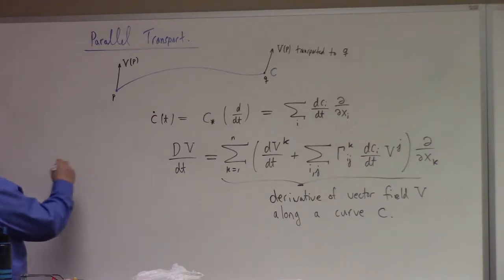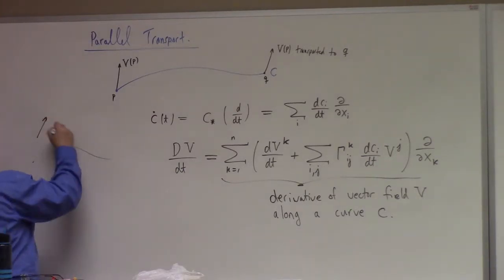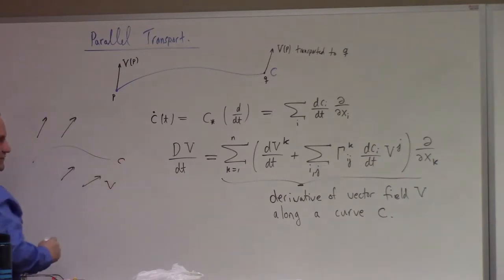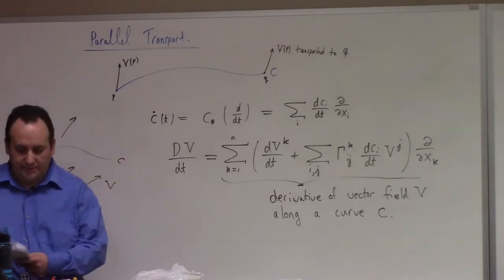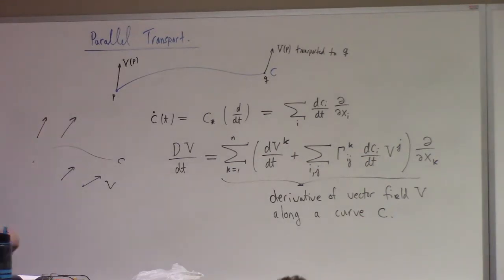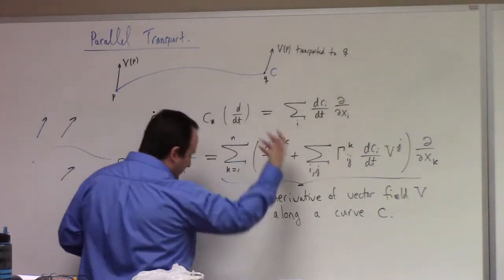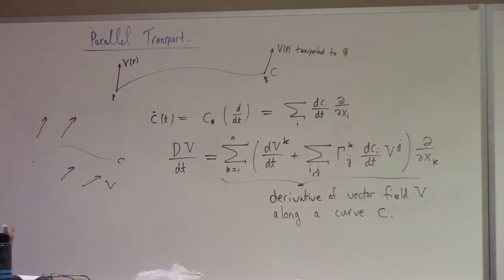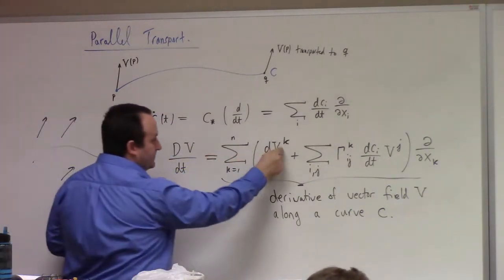So if V was one of these, and this is C, then when you're making this derivative of the vector field V along the curve C, what does dv^k/dt mean? If V is a vector field that's over the whole space, what is this understood to mean?